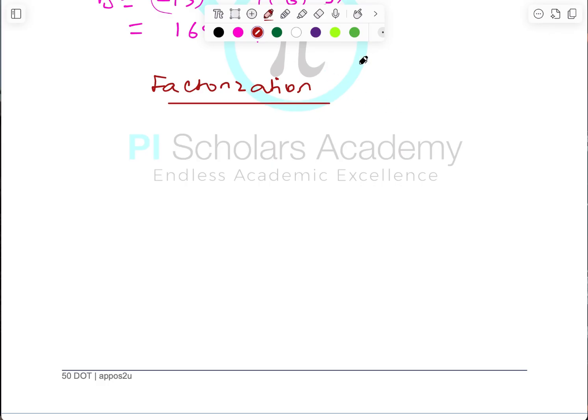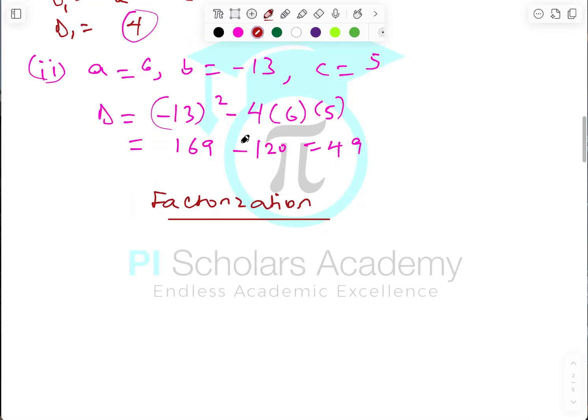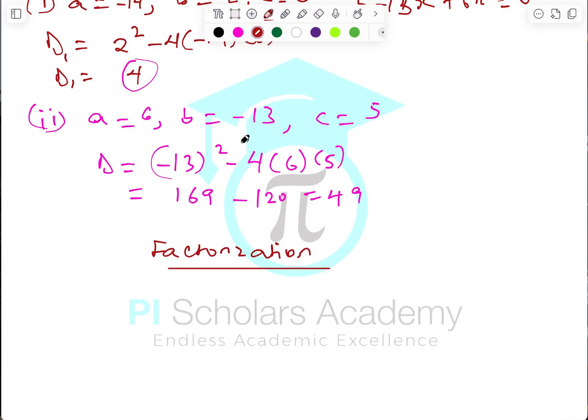To factorize a quadratic equation, the first thing you need to note is that you need to also check the discriminant. The nature of the discriminant will determine whether a quadratic equation can be factorized or not. And I've been very lucky with the ones I've selected so far. Whenever the discriminant is a perfect square, like it is 49, it is 4.